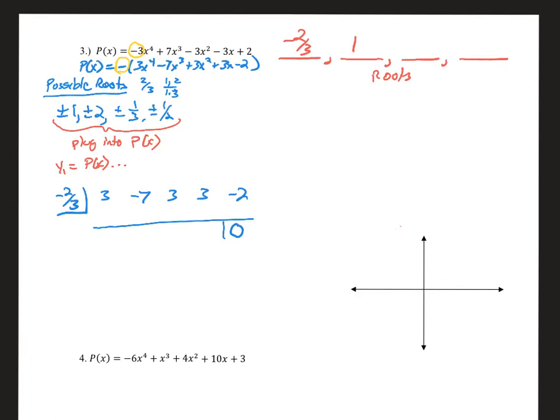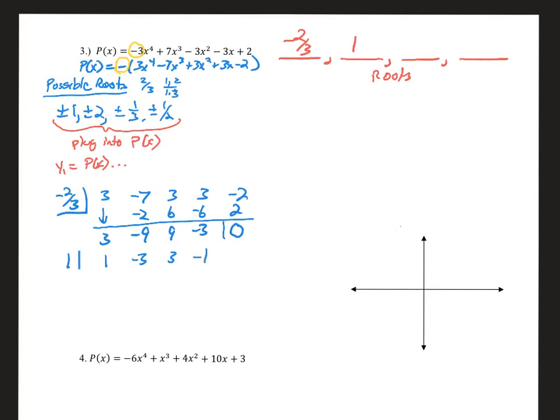And so here we go. We drop the 3, multiply, add, multiply, add, multiply, add. You can see that this is all divisible by 3, so I'm going to divide everything by 3, which would be 1, negative 3, 3, and negative 1.